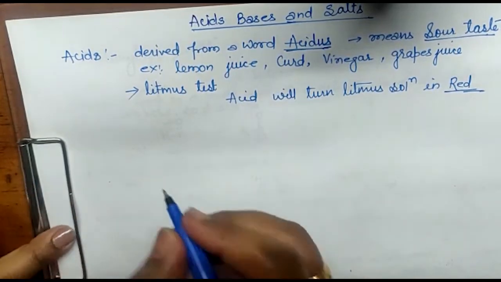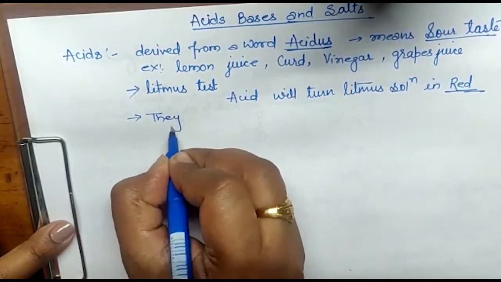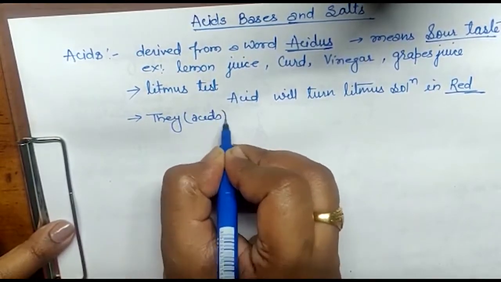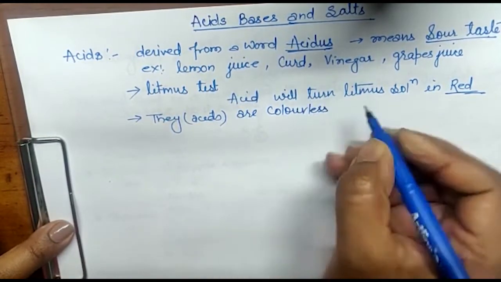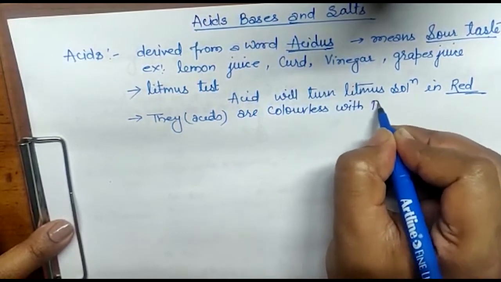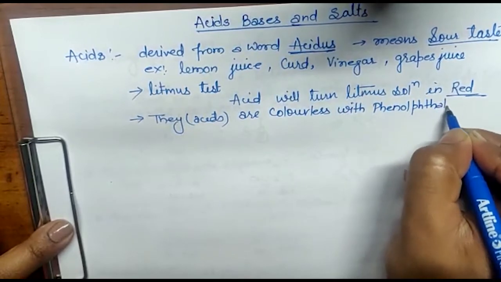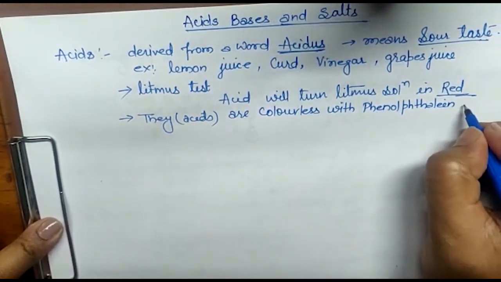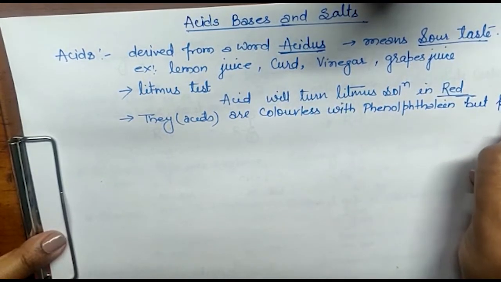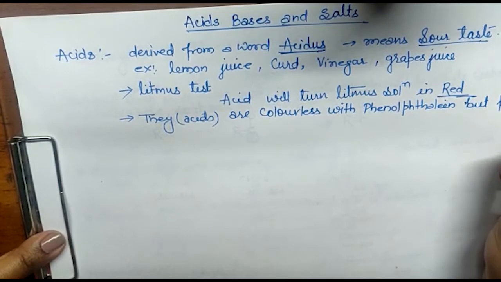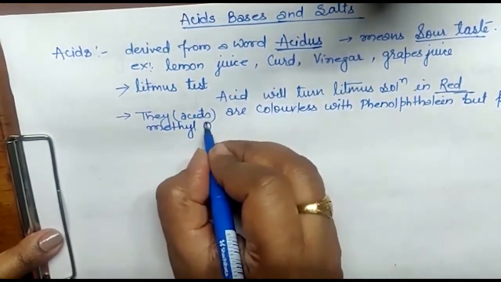So let me write this, I'm talking about the acids: acids are colorless with phenolphthalein, but pink with methyl orange, pinkish orangish we can say.